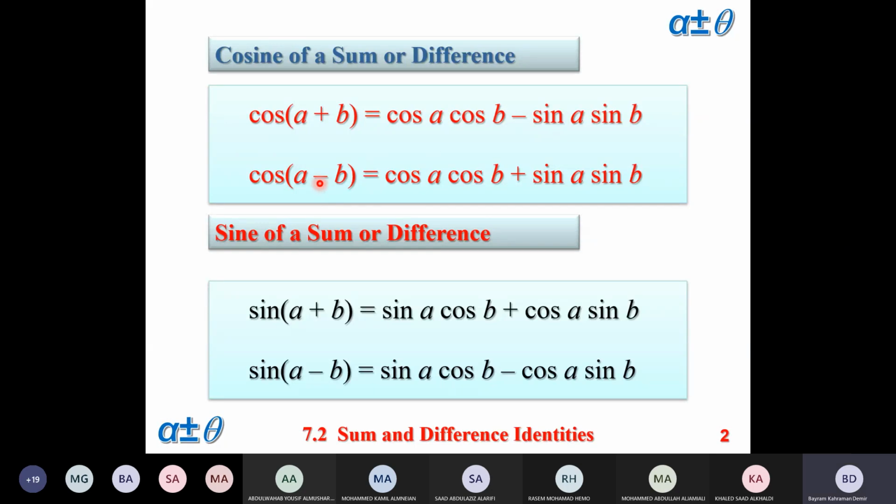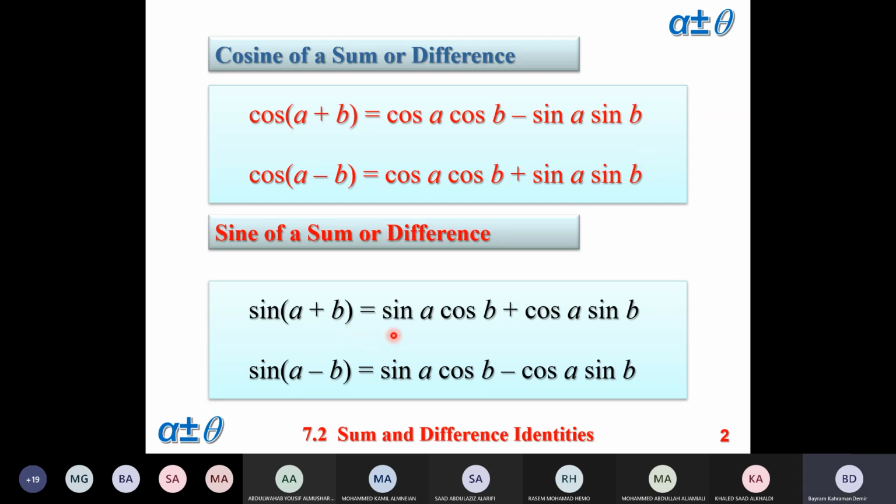But if you have a minus b here, then you have plus here. So opposite signs. So cosine A, cosine B, plus or minus sine A, sine B. That is how you should remember the cosine formula: cosine, cosine, plus or minus, sine, sine. That is the cosine formula.